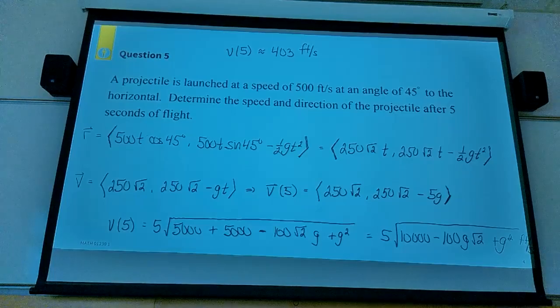For direction, I'm going to use phi to represent the direction. So tangent of phi would be the y component of velocity divided by the x component of velocity.